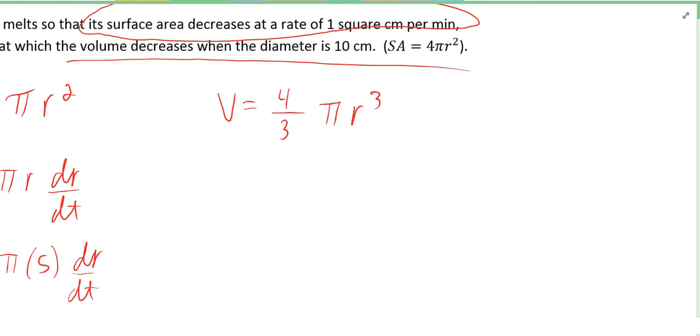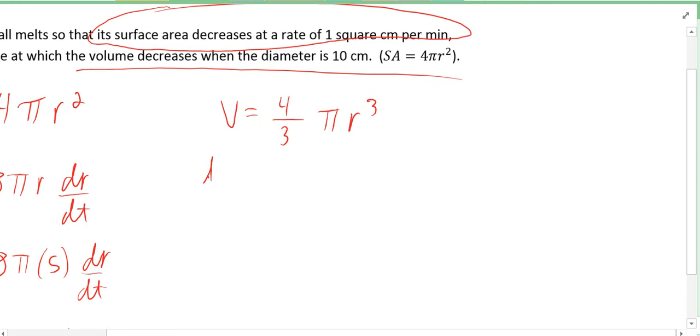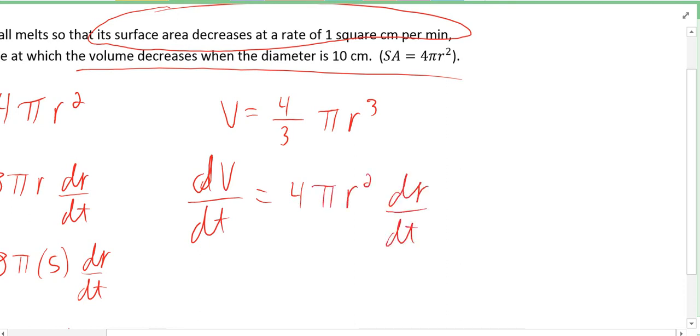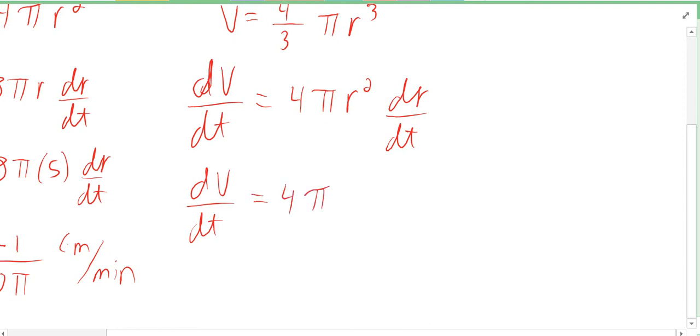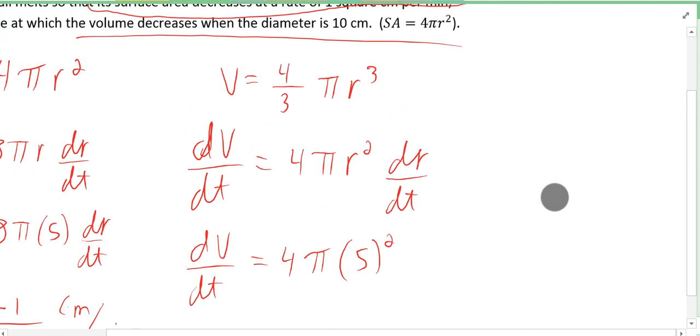When we derive v, we get dv dt. The derivative is going to be 4 pi r squared dr dt. True? True. Because when we derive volume, we multiply by 3, you're right.